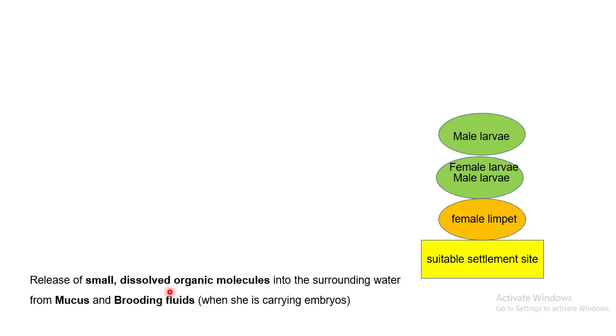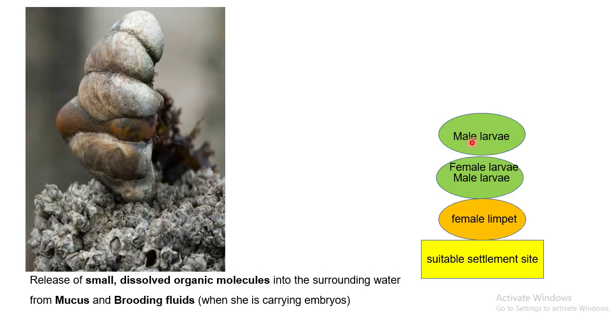So if you look at the sequence, the limpet sitting on the suitable settlement site is a female, and the larva on the top is always a male. This process continues until you get this positional or social system, which determines the sex of that particular individual, whether it is going to be a male or a female.